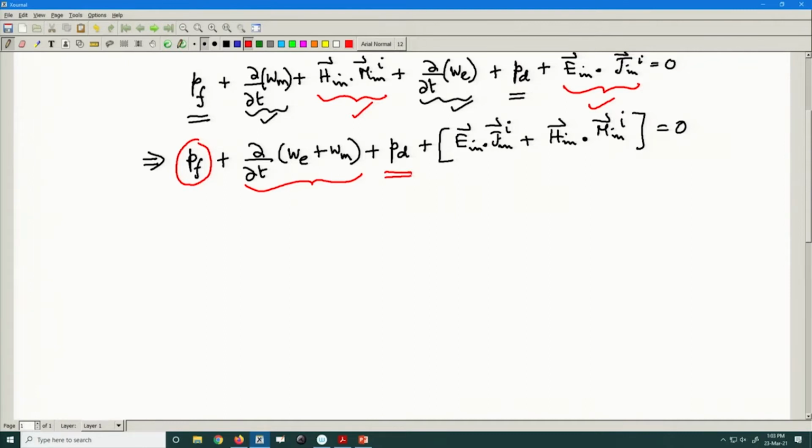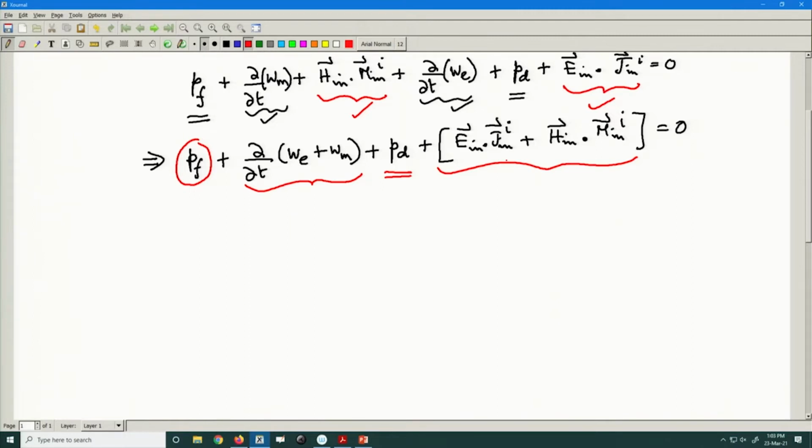Okay. If I now shift, as we said, this term contains the power impressed by the sources. So, this term E in I dot J in I plus H in I dot M in I contains the power supplied by the sources.